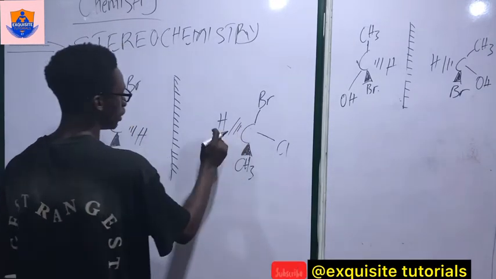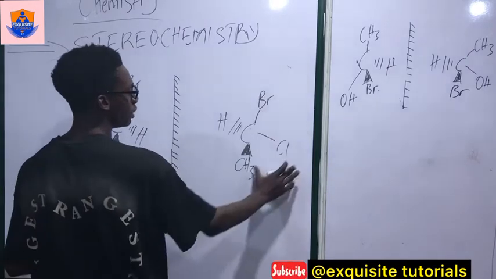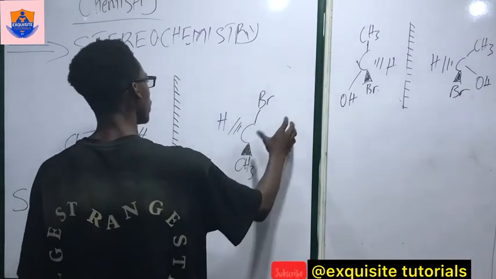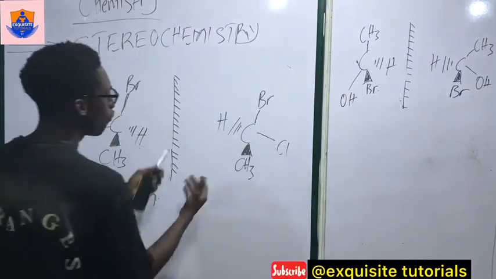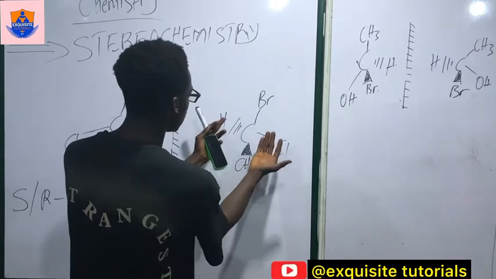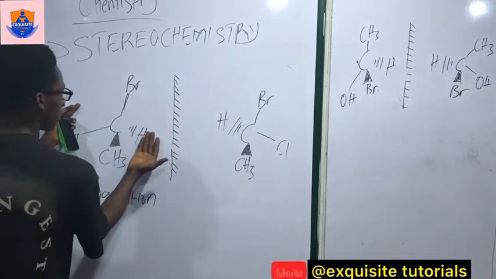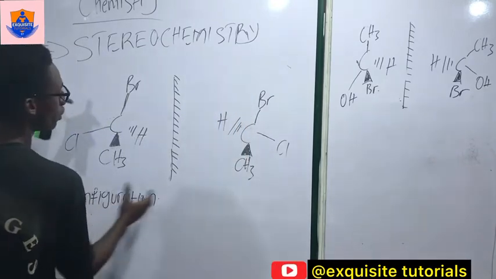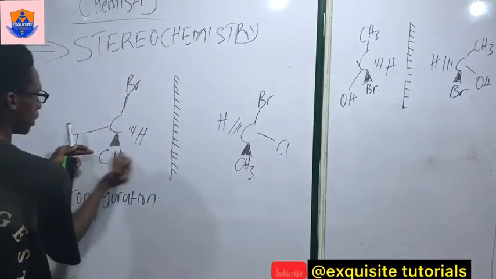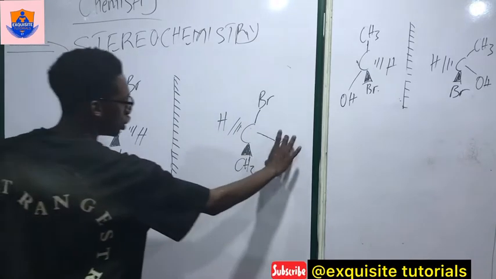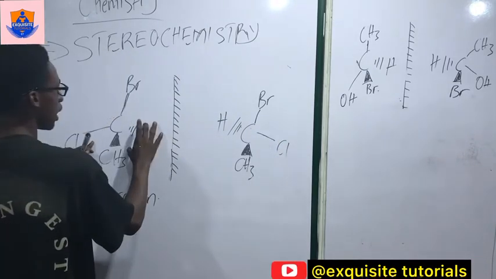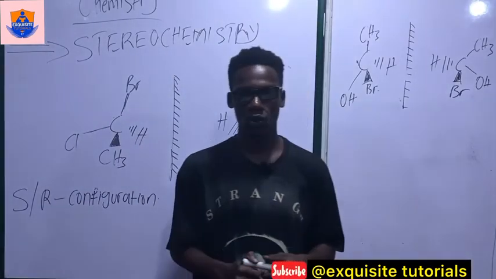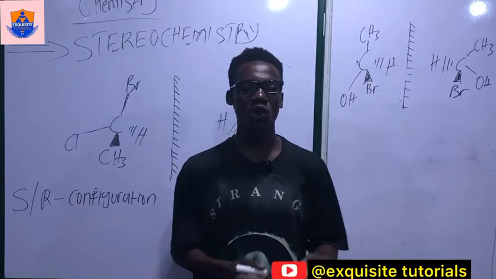Then we have the other containing the same thing: hydrogen, bromine, chlorine, then a methyl group. But there's a difference in the way of arrangement. If we pull this out and place it here, it won't work. If you twist it another way, this chlorine will be touching this hydrogen, so it won't work. So that is what enantiomers are about: they are non-superimposable.